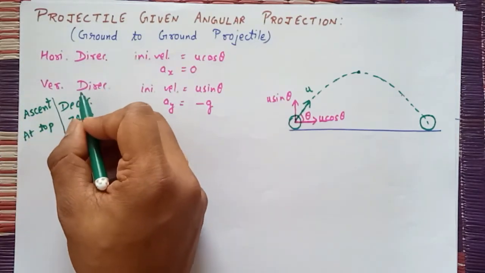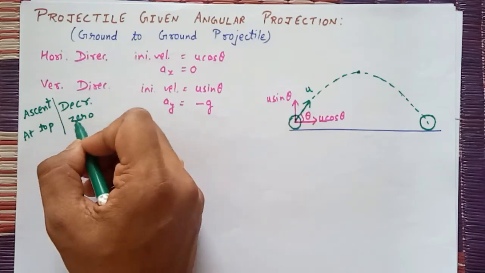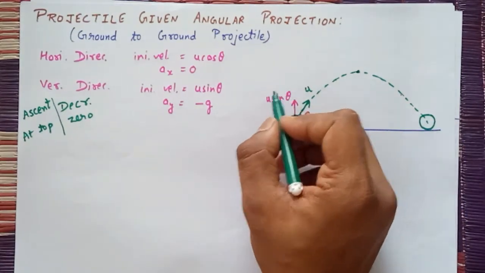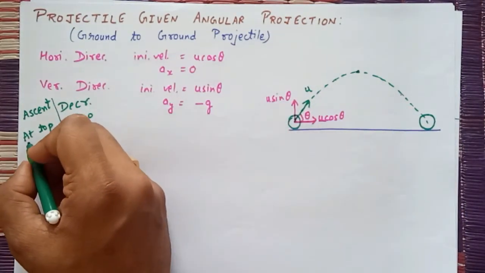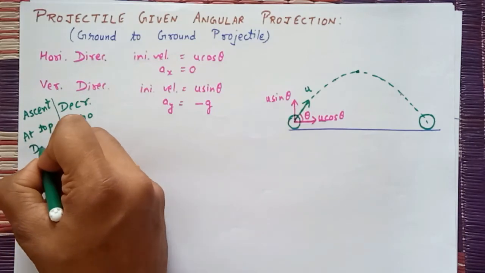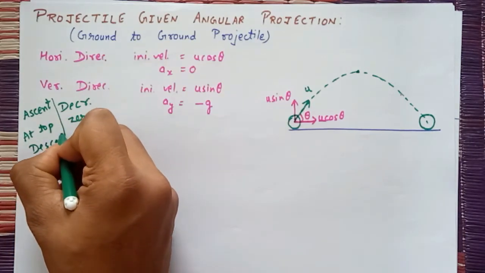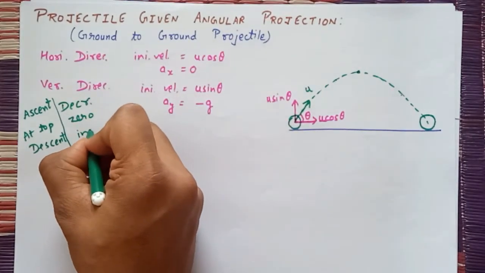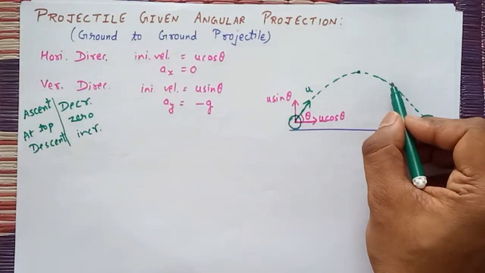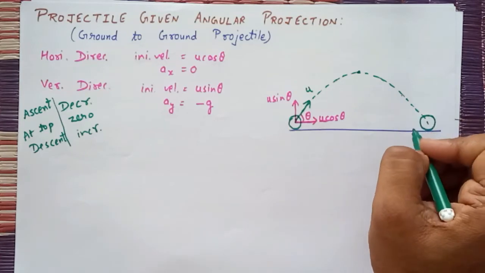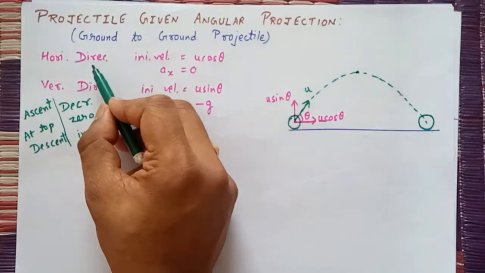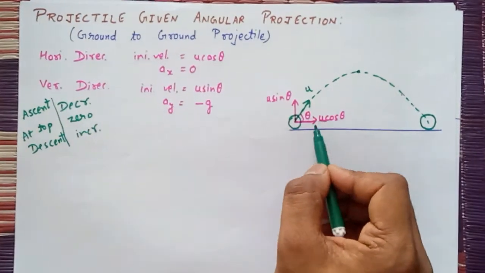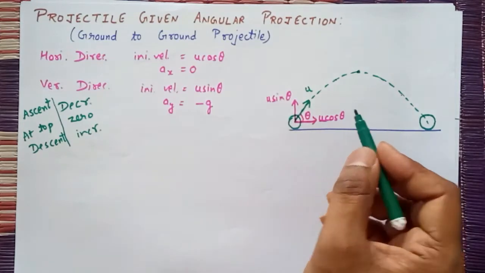At top, in the vertical direction, the u sin theta component will be 0, and during descent this u sin theta component will again be increasing, because the object is coming towards the earth and gravity is pulling it. For the horizontal component, it will be the same everywhere.